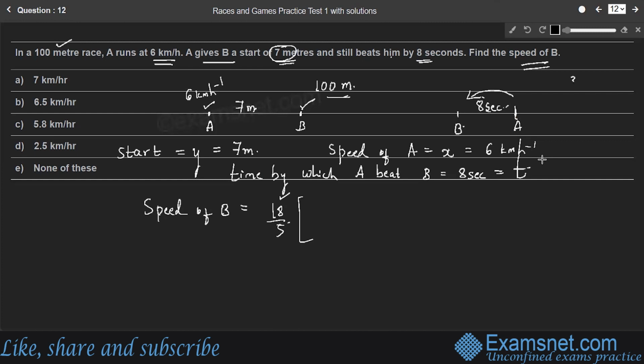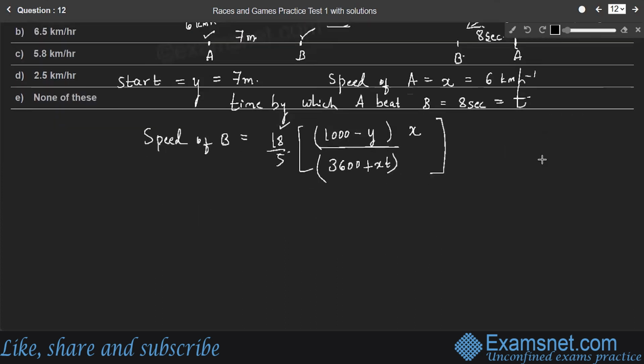So it is nothing but 3600 by 1000, right? So when you simplify it, you will get 18 by 5. So into (1000 − start given). So start given is Y, (1000 − Y), divided by (3600 + X into T), into X is equal to speed of B.